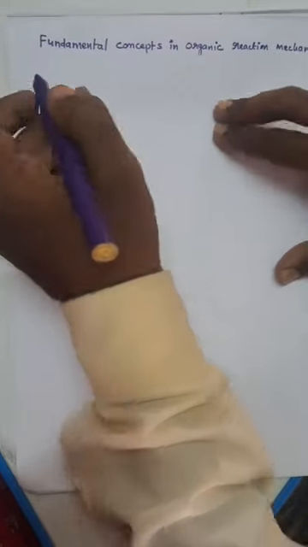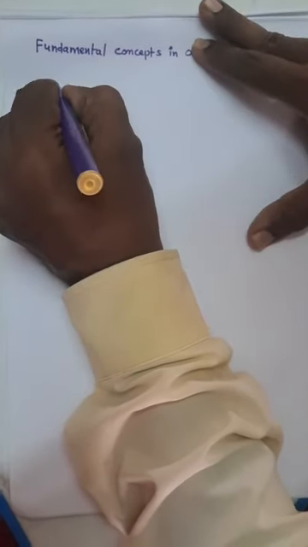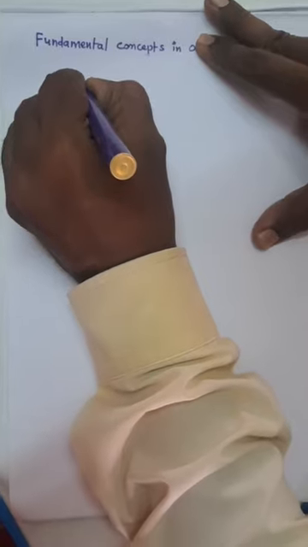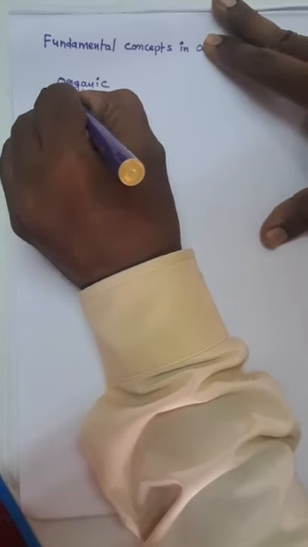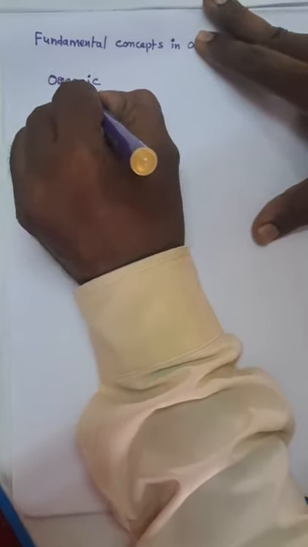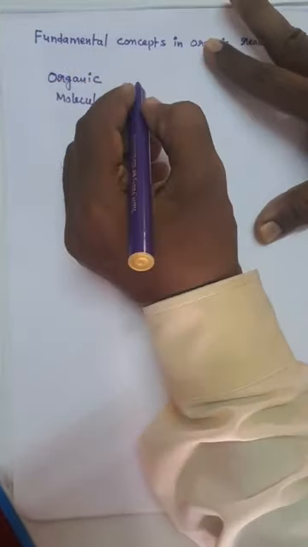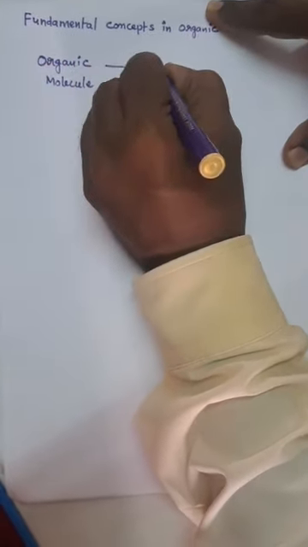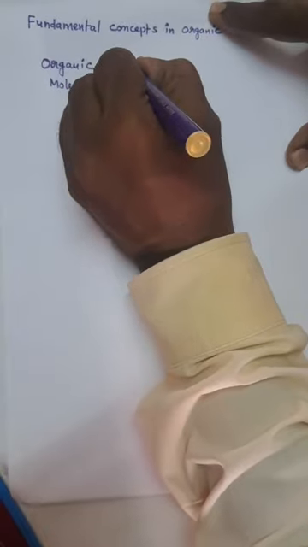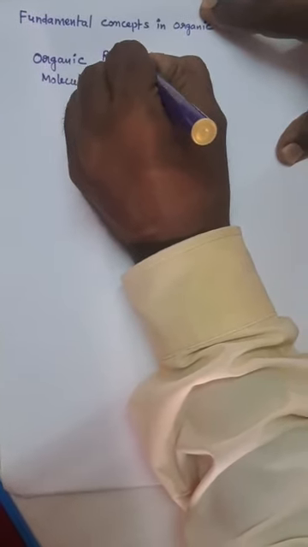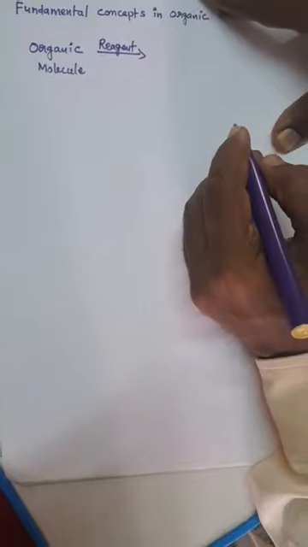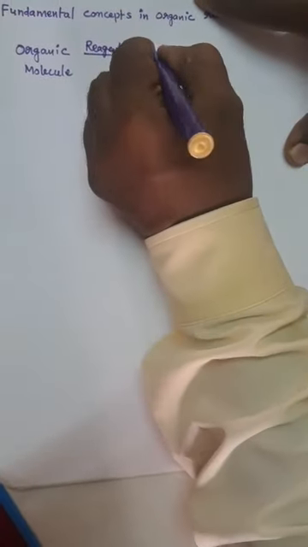We can say that, for example, one organic molecule reacts with a suitable reagent to form an intermediate.